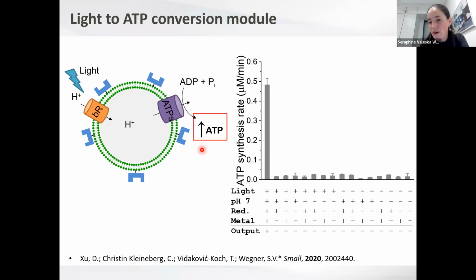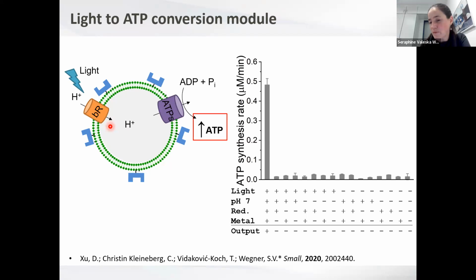And if you look at the requirements of this light to ATP conversion module, you will also appreciate that it needs light, of course, to power the bacterial rhodopsin. It operates only at neutral pH, and acidic pH does disturb it because it cannot establish the pH gradient it requires. It requires a reducing environment as oxidation causes the oxidation of some key cysteines in these proteins.